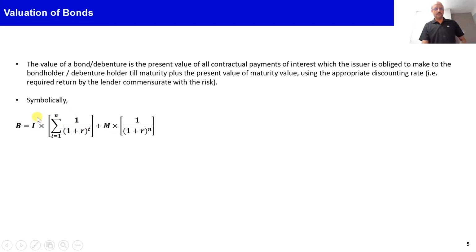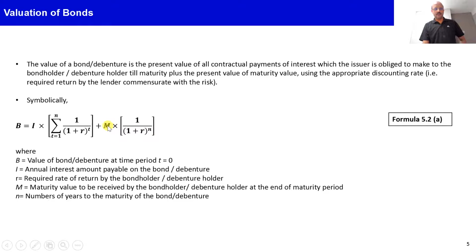This first portion is the present value of all future interest payments likely to be received by the bondholder. This is added to the second section, M times 1 divided by (1 plus r) raised to power n. M is the maturity value here, which he is likely to receive at the time of maturity of the bond, and which is discounted by (1 plus r) raised to power n.